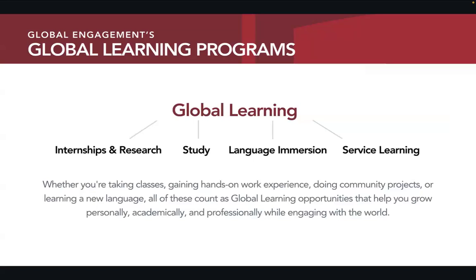So as I mentioned, global learning is a big umbrella for lots of different things. We are not just study abroad. We really run the gamut from everything from internships and research opportunities for students. We do offer language immersion programs for those of you who are really wanting to hone your language skills or learn a new language. And at the heart of a lot of these programs, we also have service learning.